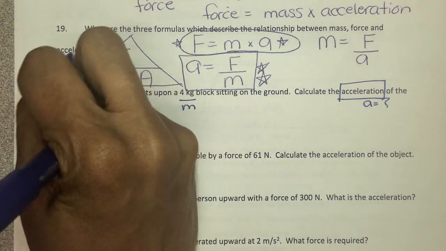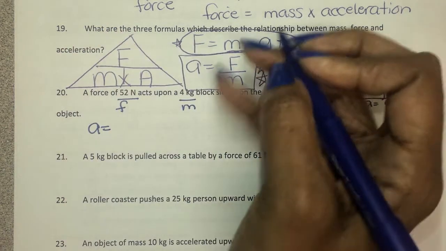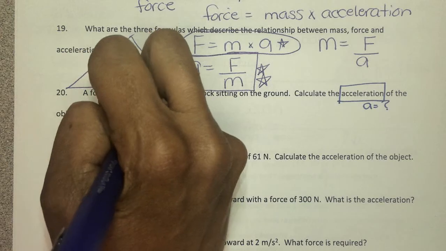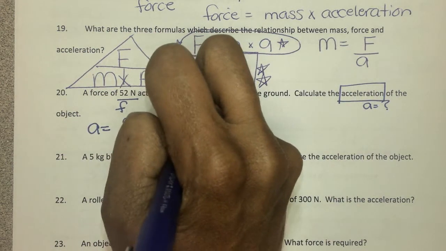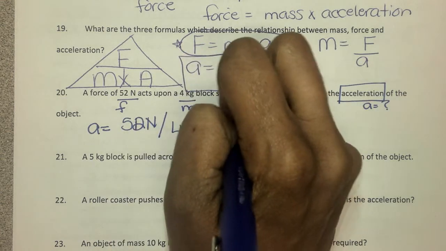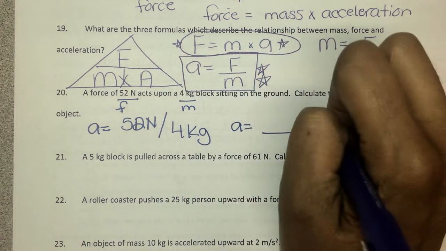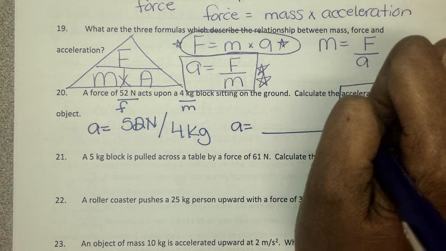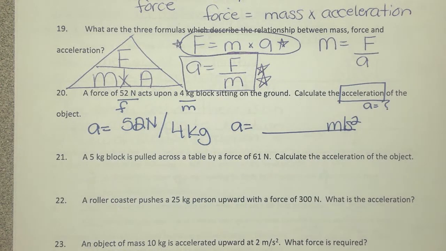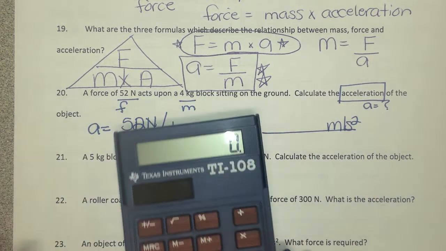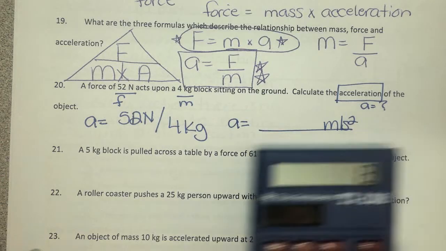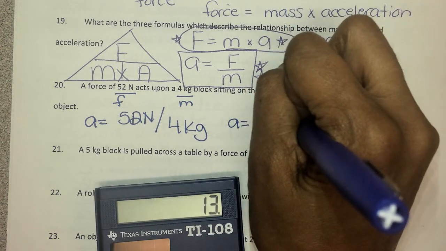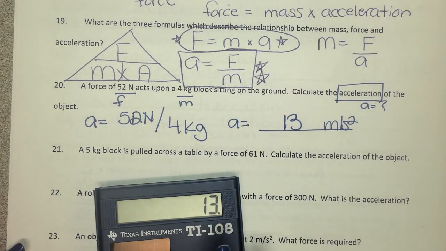Acceleration is the force, 52 newtons, divided by the mass, which is 4 kilograms. Your acceleration is always in meters per second squared. 52 divided by 4, your answer is 13 meters per second squared.